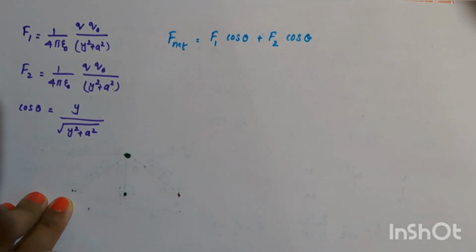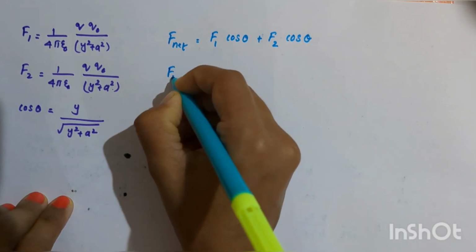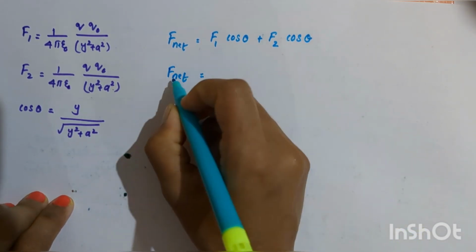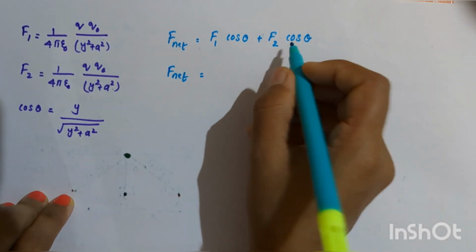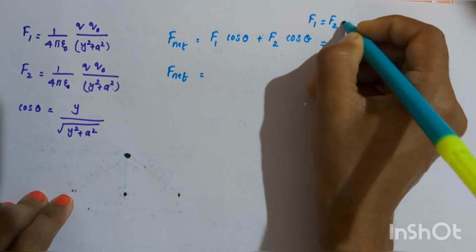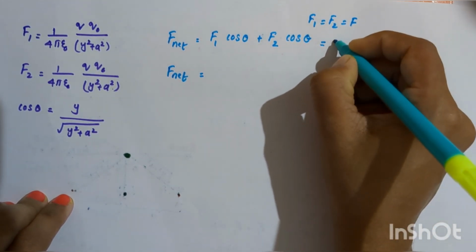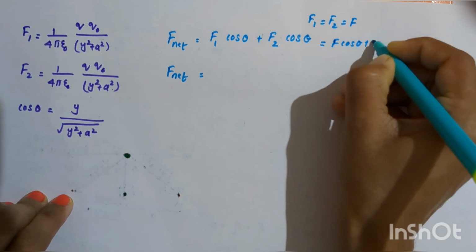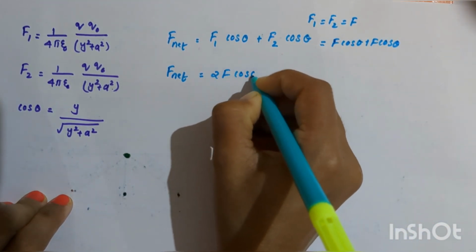So, let us apply these to this equation so that the net force, this is just the magnitude, is equal to F1 cos theta plus F2 cos theta. You see, F1 and F2 are actually equal, which can be taken as F. So this becomes F cos theta plus F cos theta, which is 2F cos theta.